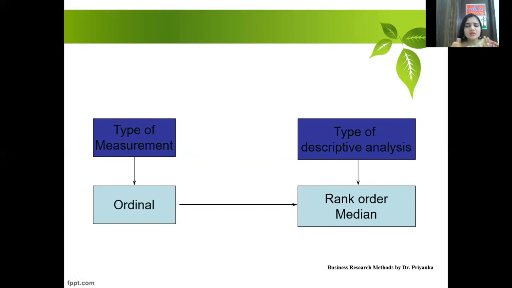We'll be arranging data in one system, either in increasing order or in decreasing order, and then we'll be taking the median value, the value which is coming in the middle, or if two values are coming in the middle, then we'll be taking the average of those two values. So when it comes to ranking data, ordinal data, we'll be going with either rank order or median.